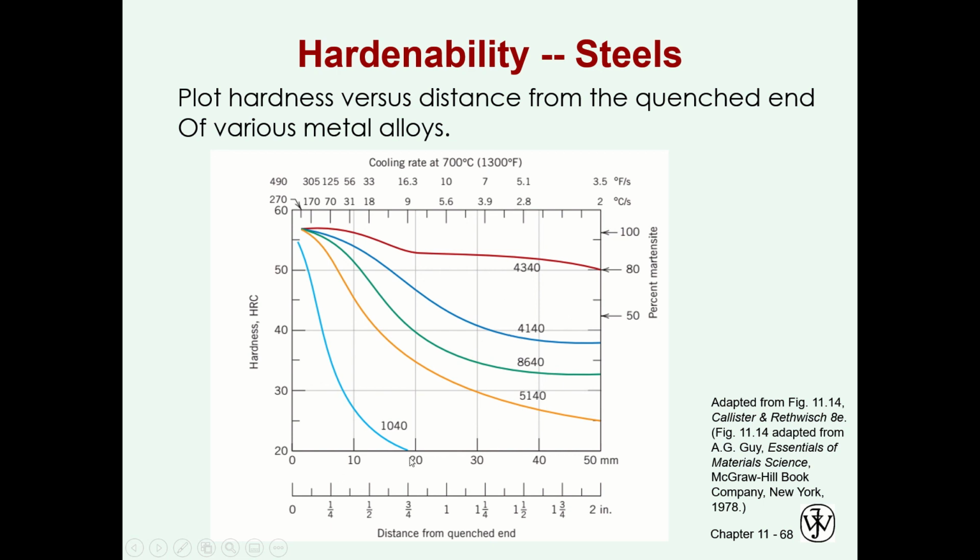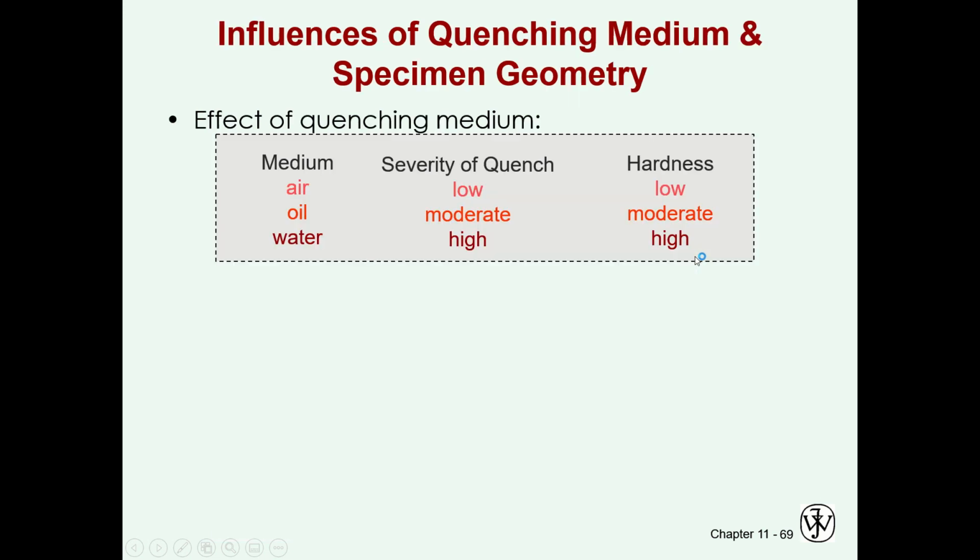As you can see here, what this means is that carbon steel that has 0.4% carbon is less hardenable than all other metals. That's the meaning. Because only at a very short distance from the quench end, you have a high hardness. But of course, the alloys possess higher hardness than the carbon steel, obviously, because these are already combinations of other metals. So these are higher concentrations.